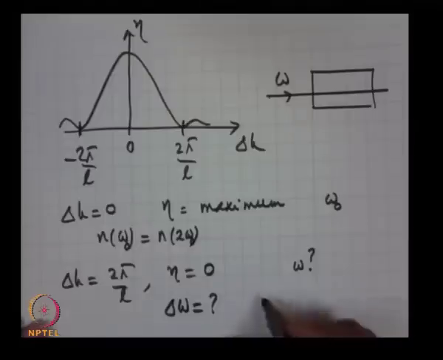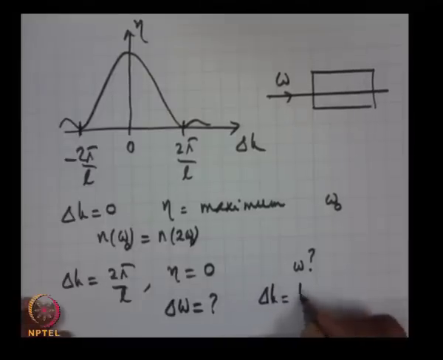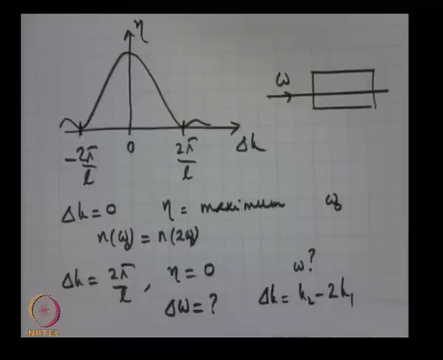Because delta k is k2 minus 2 k1, so this is k of 2 omega minus 2 k of omega. So what is the shift from omega naught that I need for the efficiency to drop to 0, that means what is the change in omega for which the corresponding delta k becomes 2 pi by L, and that will give me the bandwidth. And this is very important because when I try to perform an experiment, I would need to know to what precision I need to maintain omega.